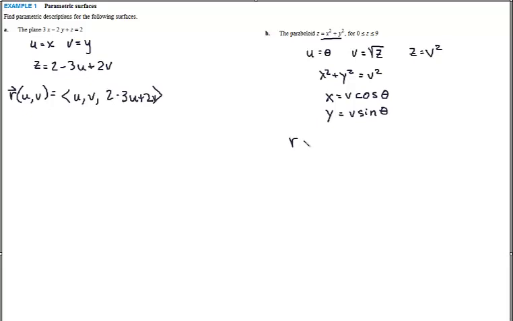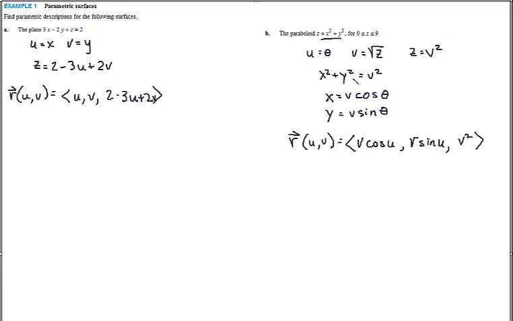Writing this in terms of my vector r with u and v, I will get my i component to be v cosine u, my j component to be v sine u, and that third component would then just be v squared.